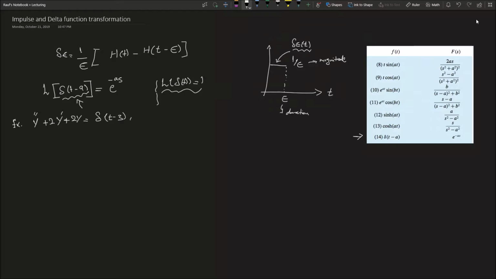Initial value conditions: y of 0 equals 0, y prime of 0 equals 0.